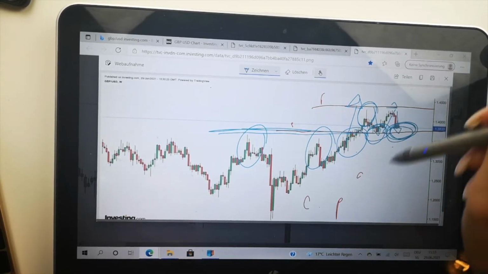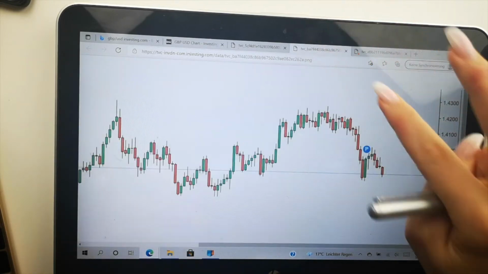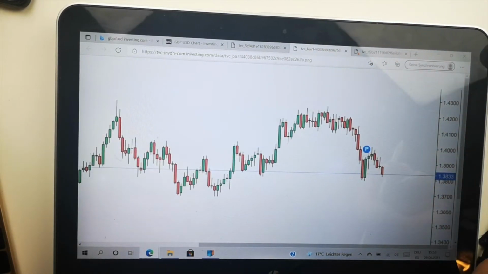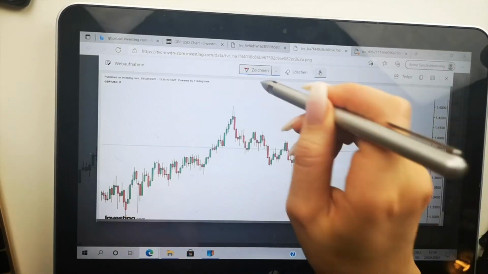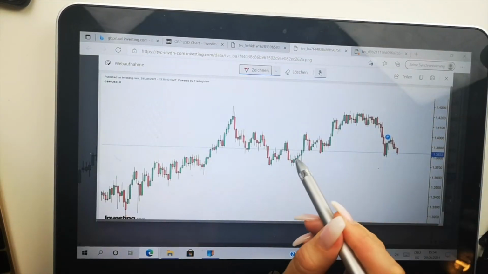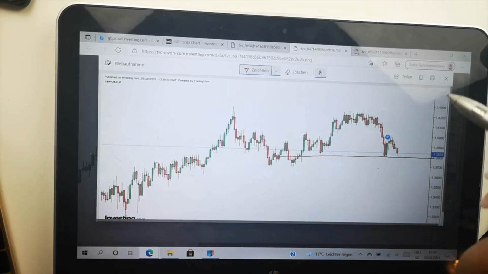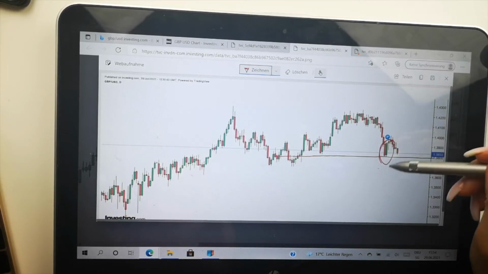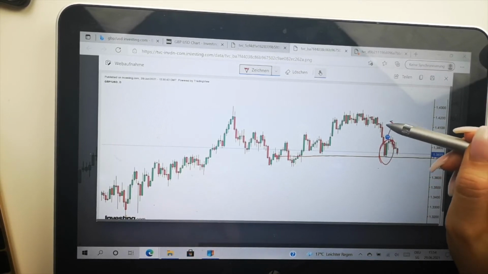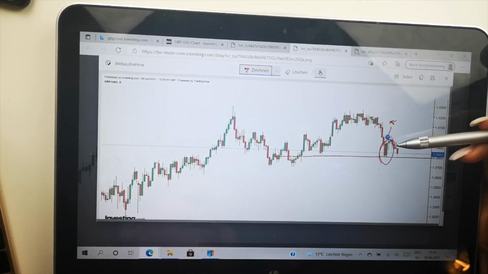Now, let's continue with the next step. That's the weekly chart. Now, I continue with the daily chart, and now here I am with my daily chart. Once again, what I first of all do is mark the support zone, and then what I can see here is a strong engulfing pattern, and then price went up, and then there was pressure from the bears, right?